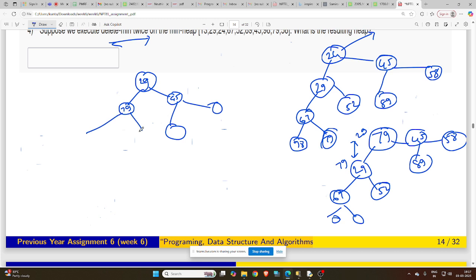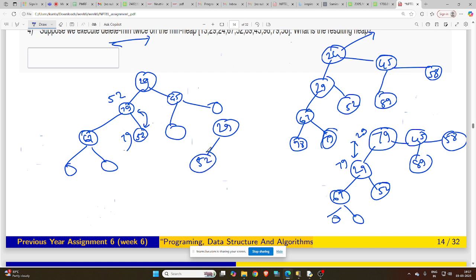But now here it was 67 and 52. 52 will now be replaced by 79, so it will be 52 and this is 79. So all the things will be like 29, then 52, then 45, and then here it is 67.